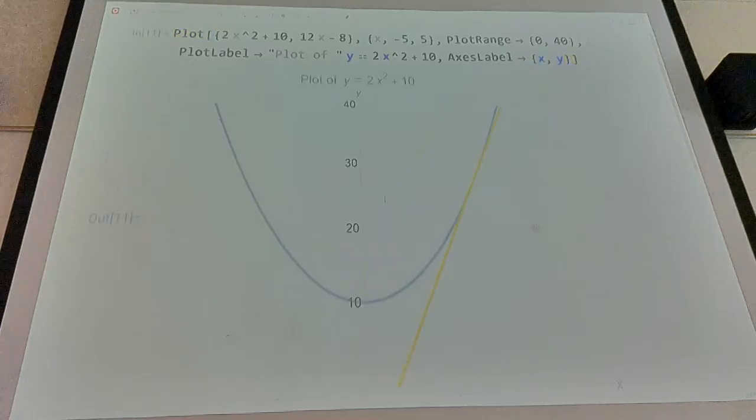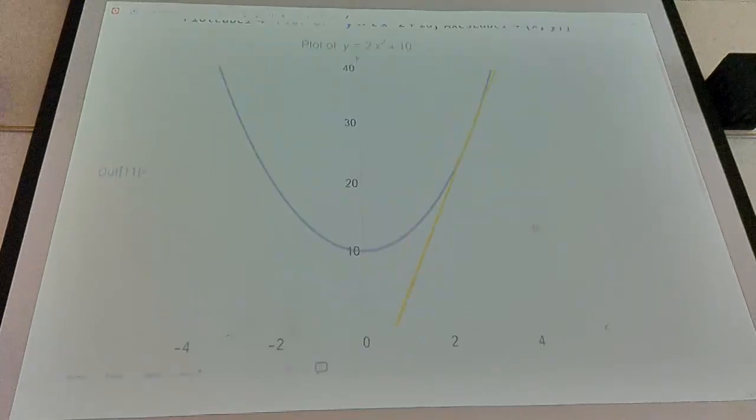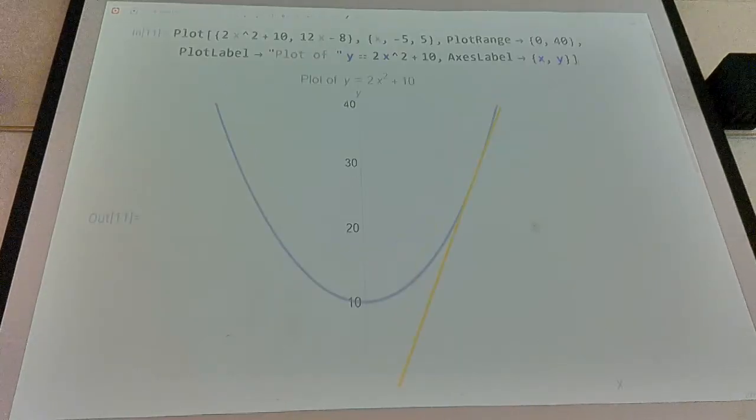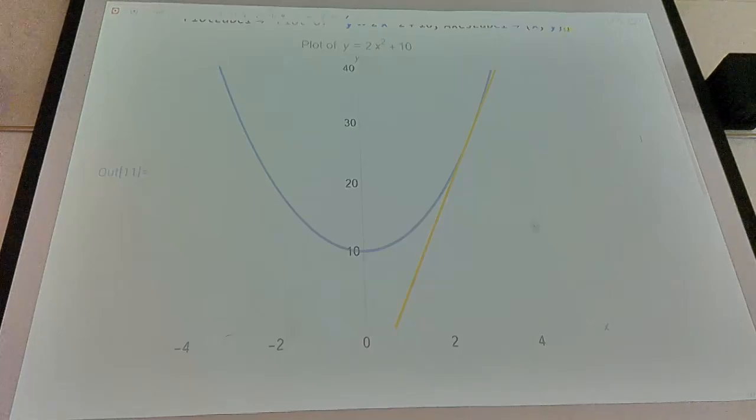Going to add labels to the axes so that now I can clearly see X and Y. And again, you can let it be whatever you want. The color scheme of Mathematica is not really the best. There's some pretty hideous colors.